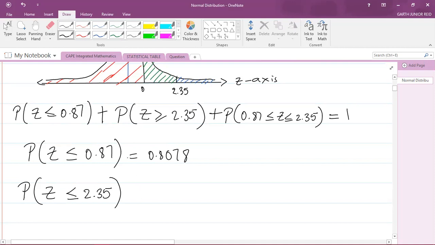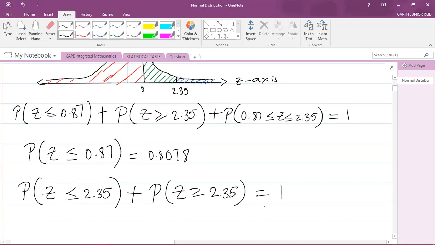When I add that probability plus the probability of Z being greater than or equal to 2.35, meaning the area to the right of 2.35, that is the area in the blue there, right?